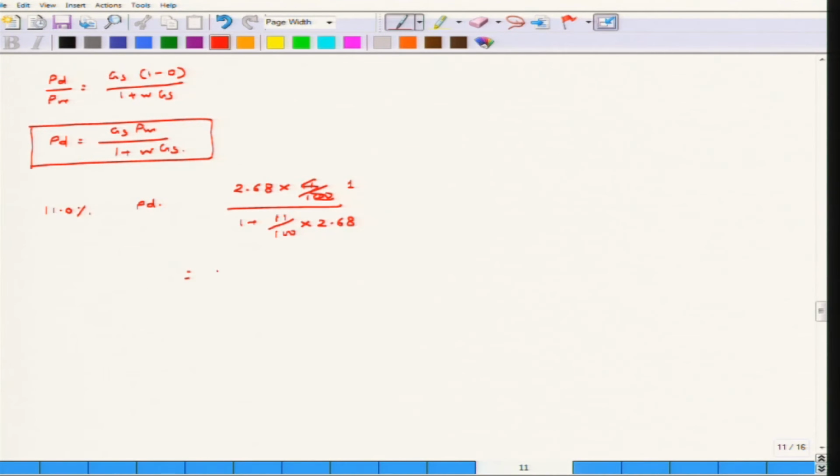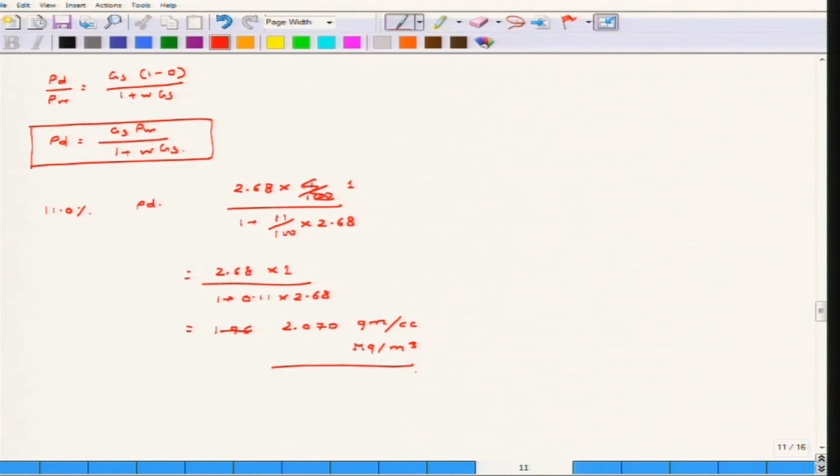This comes out to be 2.68 into 1 divided by (1 plus 0.11 into 2.68), which comes out to be 2.070 gram per cc or megagram per meter cube.